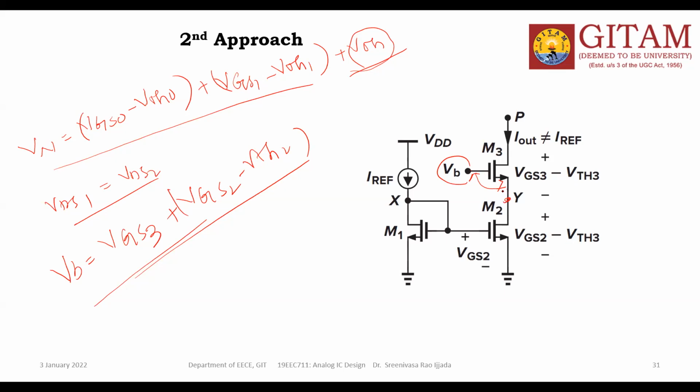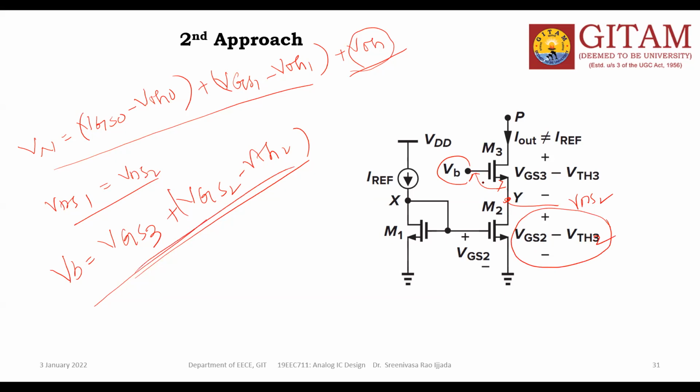What is this node voltage? Definitely I can say it is VDS2. VDS2 is nothing but the overdrive potential of this transistor, VGS2 minus VTH2, which is exactly equal to this VB.